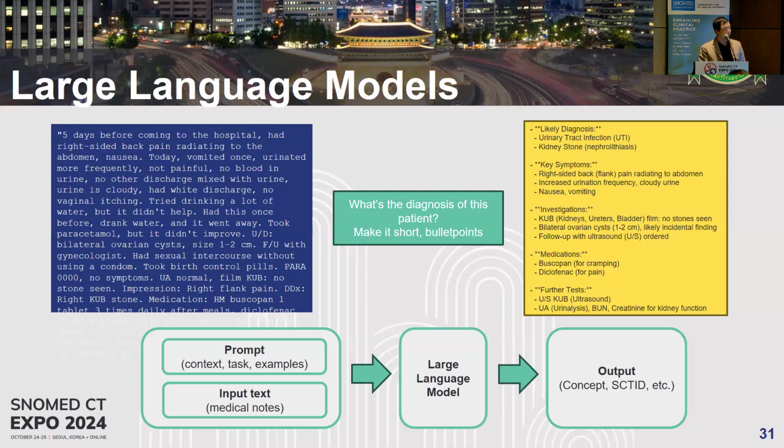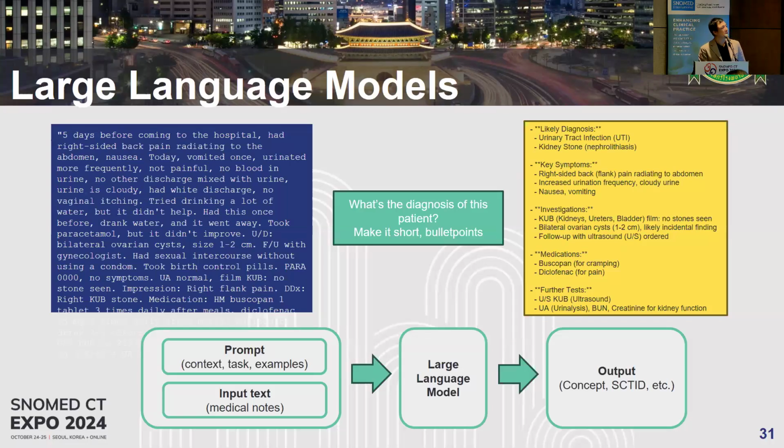So we thought, why don't we use it to extract information from our Thai medical records? We should have a prompt and input text, and the output is going to be concepts and SNOMED CT IDs and other SNOMED information.